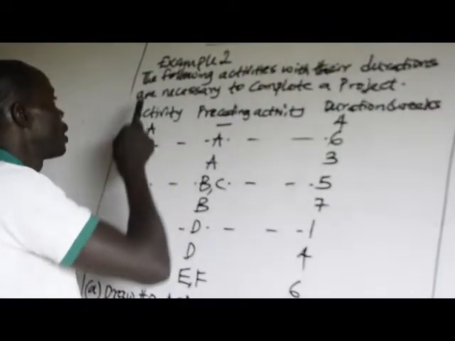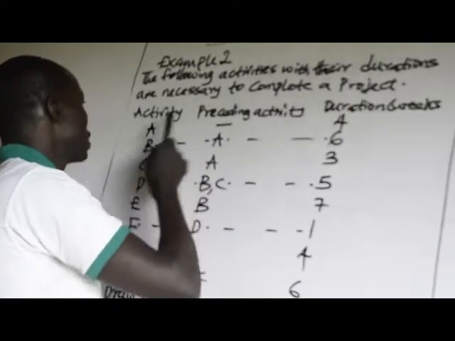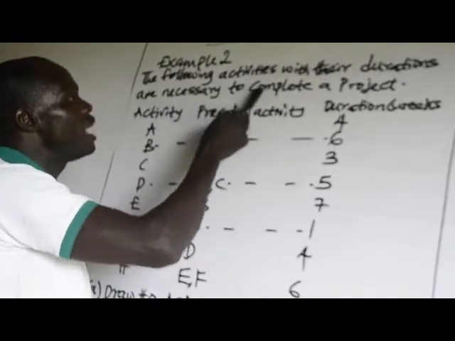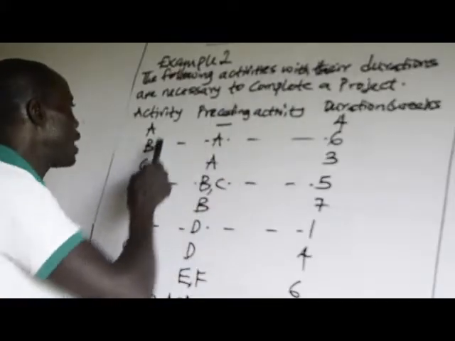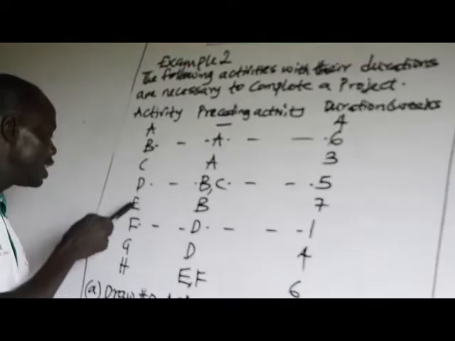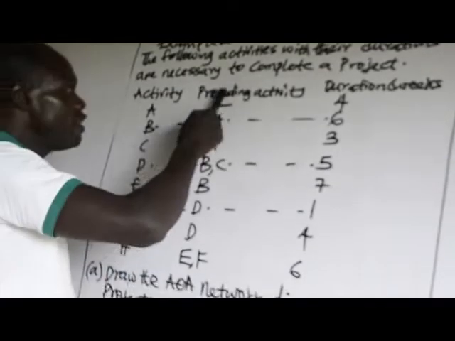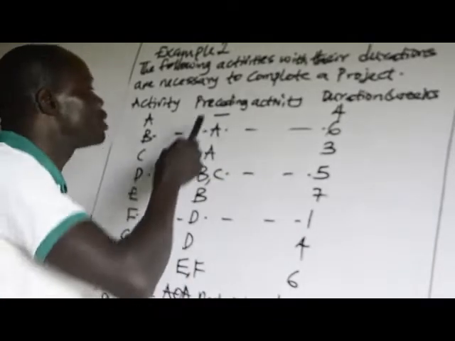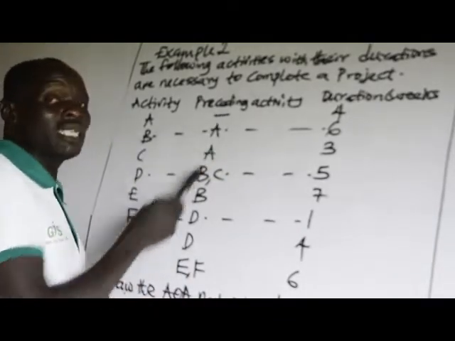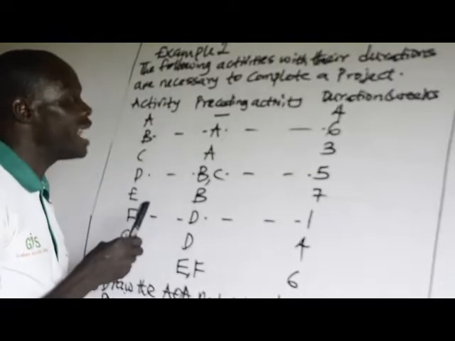Example 2. The following activities with their durations are necessary to complete a project. You are given activities A, B, C, D, E, F, G, and H. You are given the preceding activities. Remember I told you that the preceding activity serves as an offshoot to the main activity.